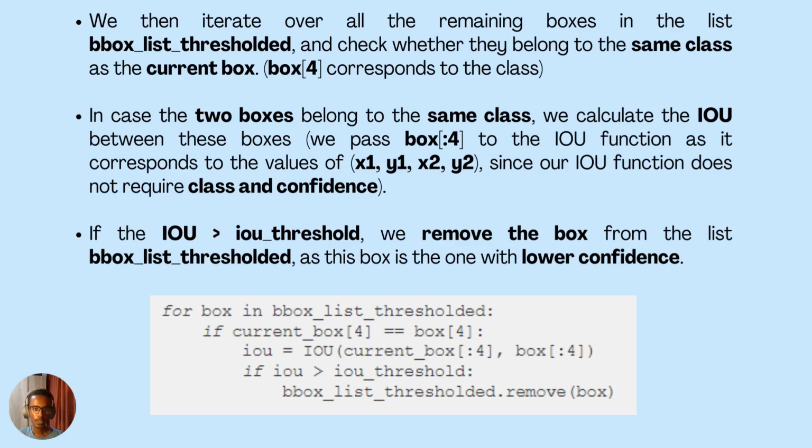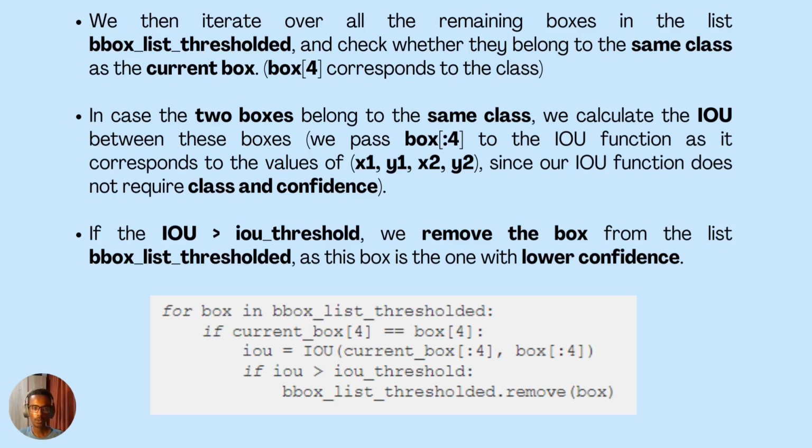So we just need the coordinate points and we don't need the class and confidence values in order to compute the IOU. And once we compute the IOU between the current box and the box from the bbox list thresholded, we compare the IOU with the IOU threshold. And if that IOU is greater than the threshold value, we remove the box from the bbox list thresholded.